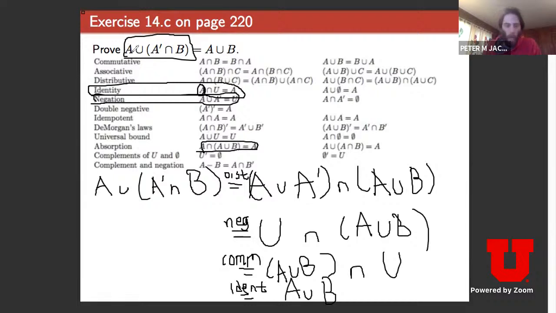So here, notice we have A, and then we have union A prime intersection B. We don't have A union A, or if we had A prime union A prime intersection B, then we could use absorption. But we can't use it here because these two terms are not the same.